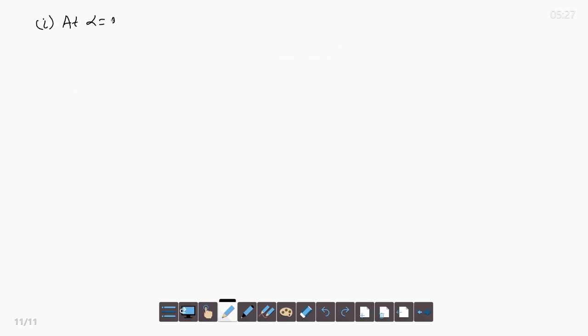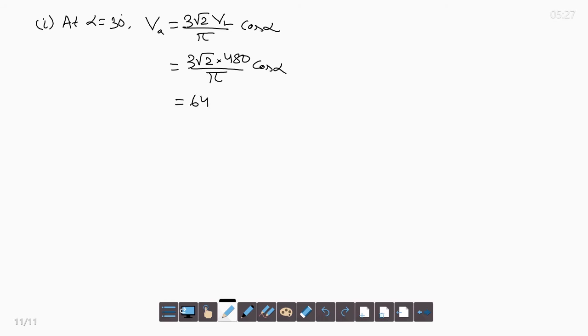At alpha equals 30 degree, V A equals 3 root 2 V L by pi cos alpha. 3 root 2 V L, with V L being 480, by pi gives 648.23 cos alpha.